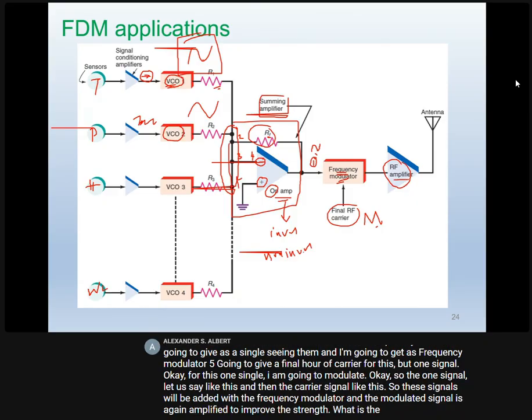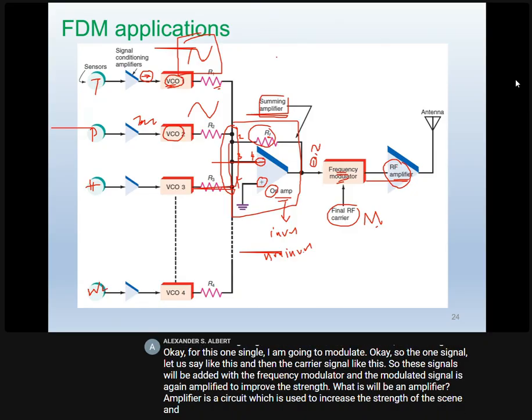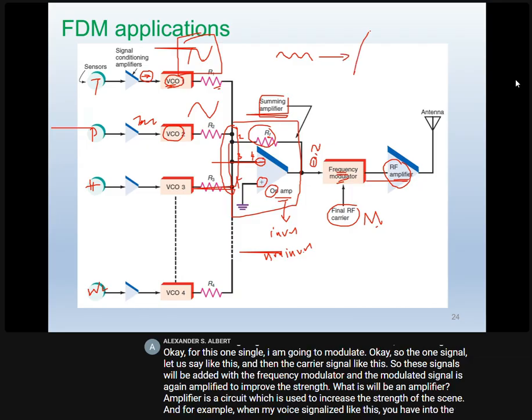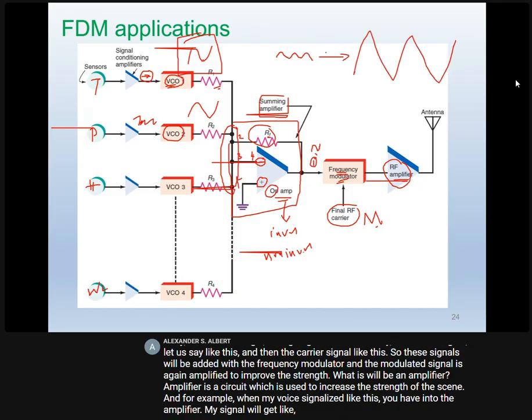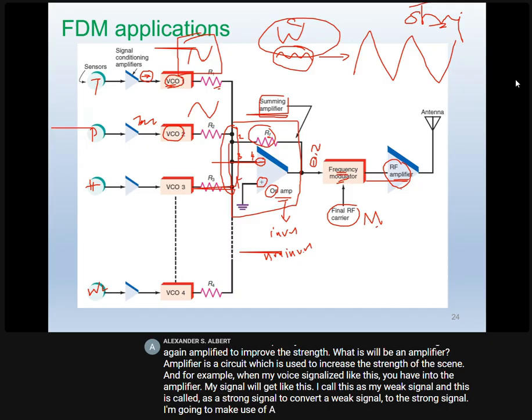What is meant by an amplifier? An amplifier is a circuit used to increase the strength of the signal. For example, when my voice signal is like this, after going through the amplifier my signal will get like this. I call this a weak signal and this a strong signal. To convert a weak signal to a strong signal, I make use of an amplifier.